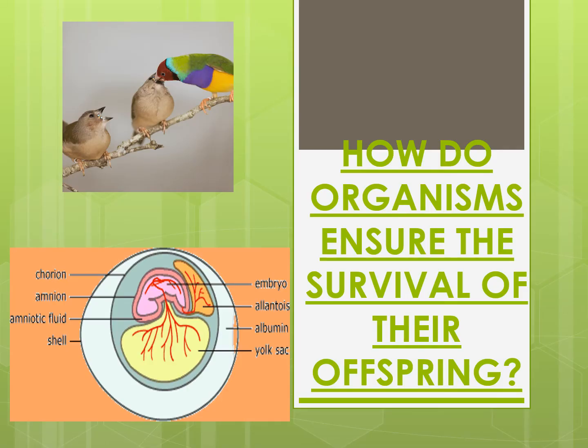So we've seen that organisms can reproduce sexually or asexually. However, once these offspring are present and are within the world, how do the parental organisms ensure the survival of their offspring? That is what we are going to look at next.